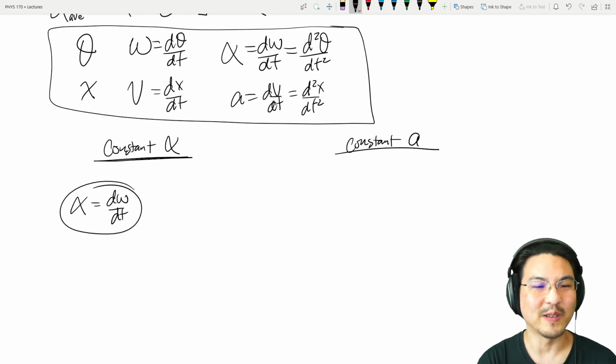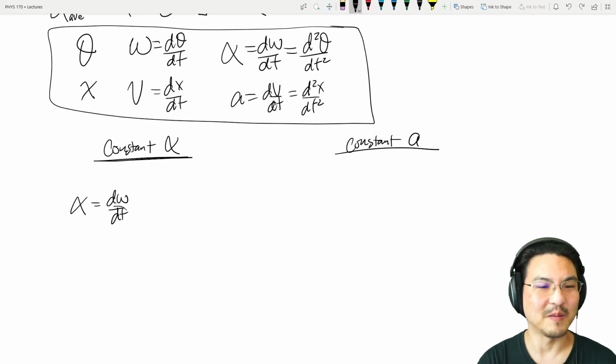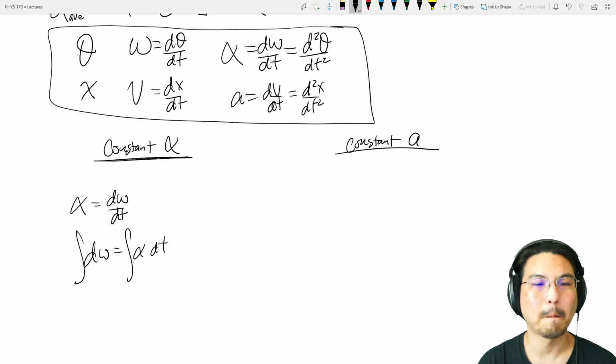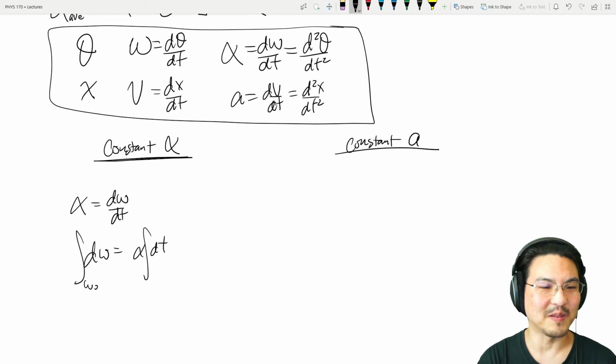Let's say you want to solve this for omega. Then you can move this on this side, separation of variables, and then integrate. But if angular acceleration alpha is constant, we can move it out of the integral like this, and then from initial to final, t minus t naught.